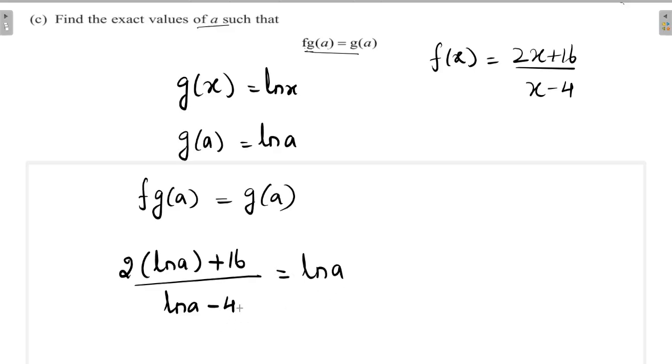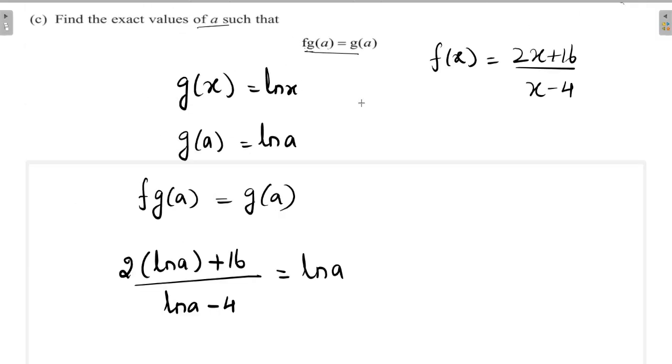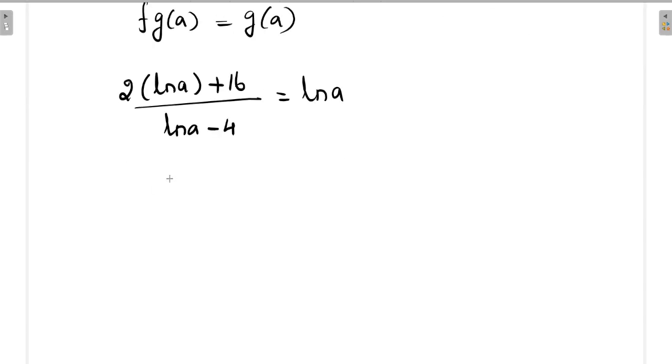Now we can do the cross multiplication. We are going to find the values of a. So 2 ln a plus 16 is equal to (ln a) whole square minus 4 ln a.